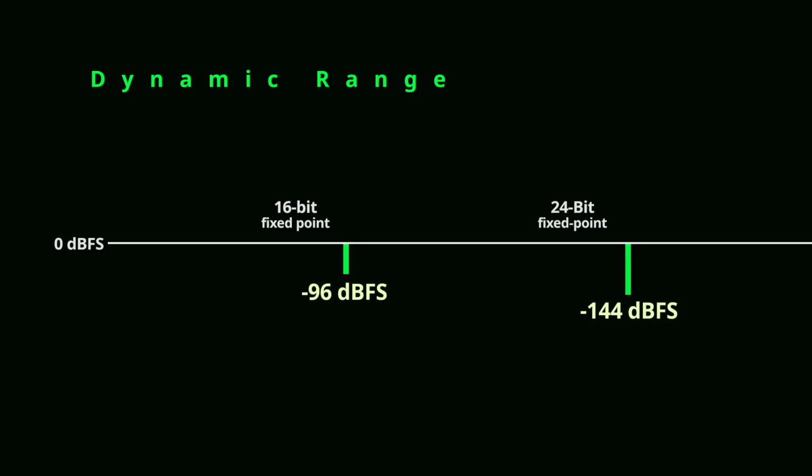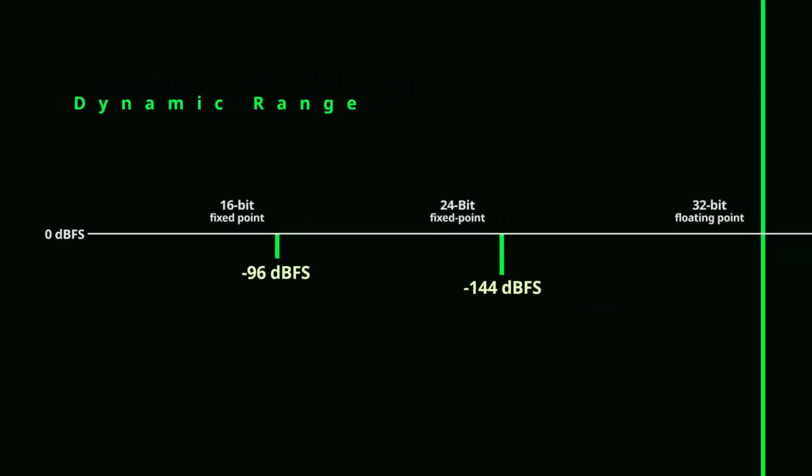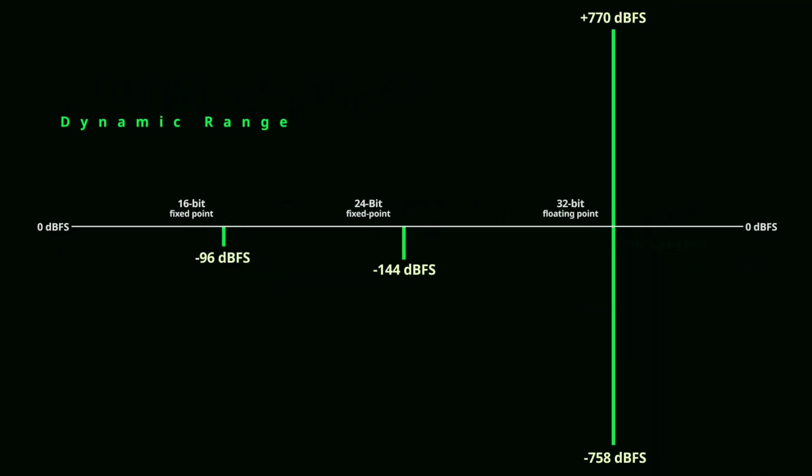Volumes anywhere above 200 dBFS are deadly for humans. And with 32-bit floating point, the dynamic range is 1528 dBFS, divided into plus 770 dBFS above zero and minus 758 dBFS below zero.